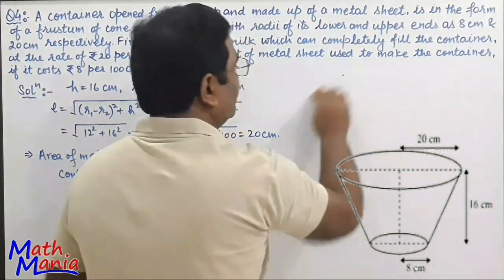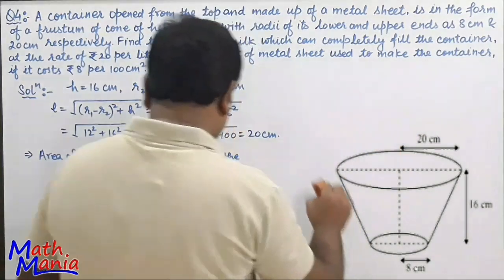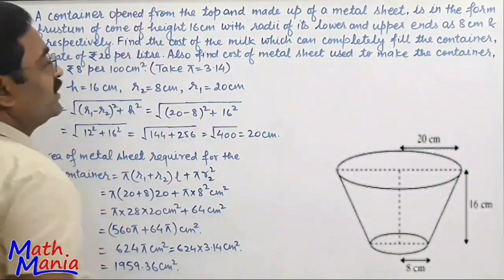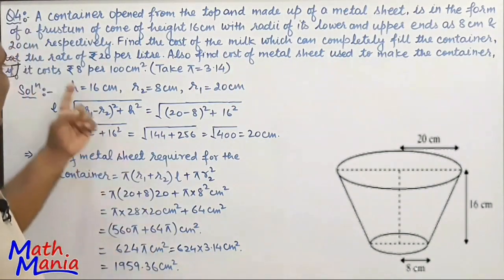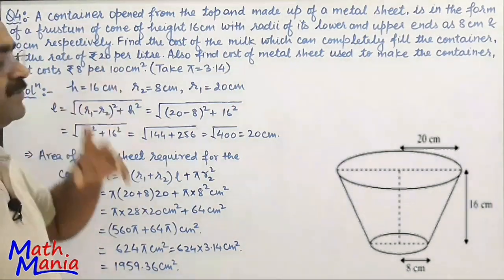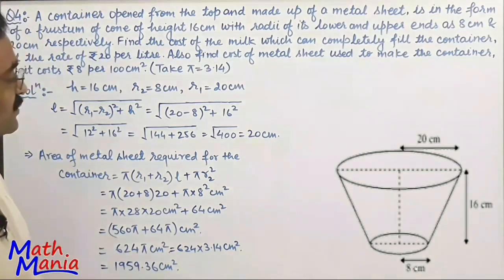This is the area of metal sheet for the container. So we need to find out the cost of this metal sheet at the rate of rupees 8 per 100 centimeter square.